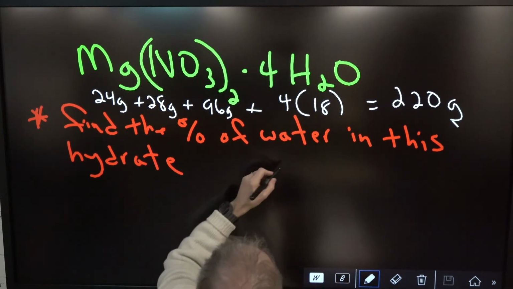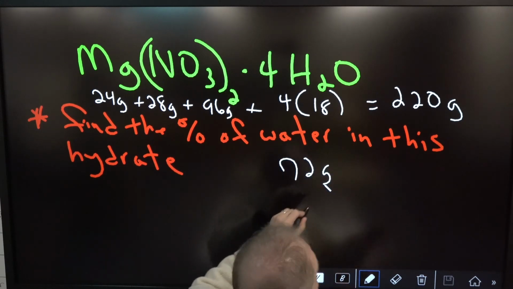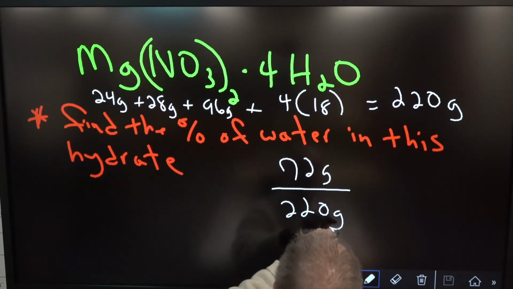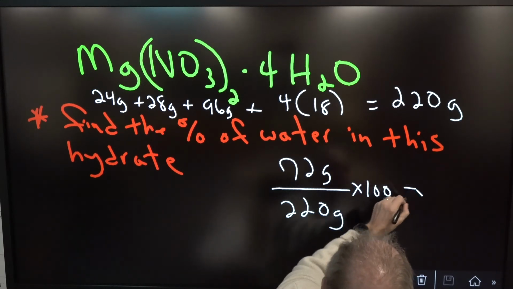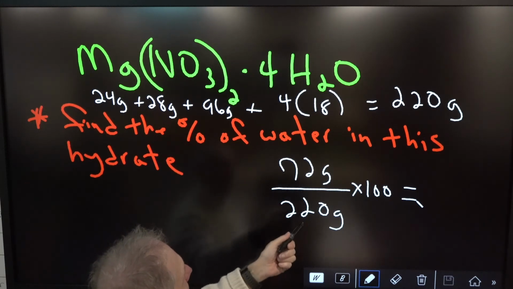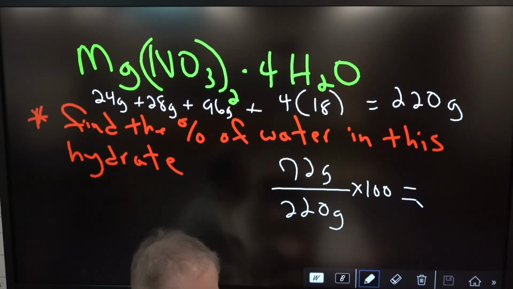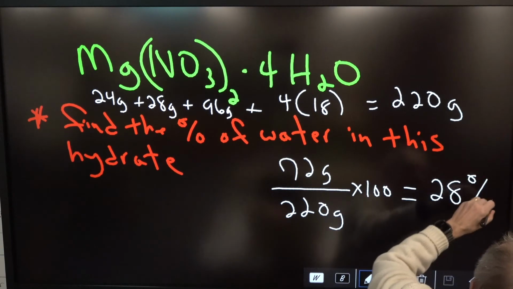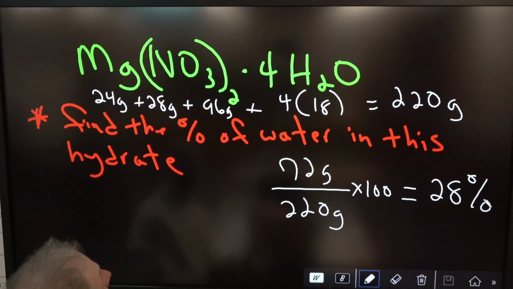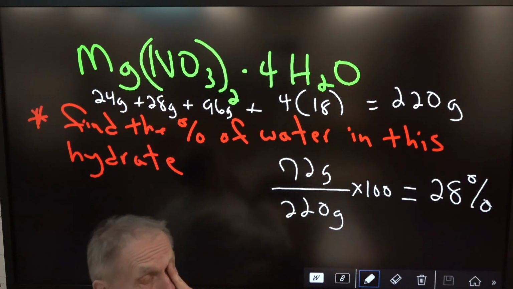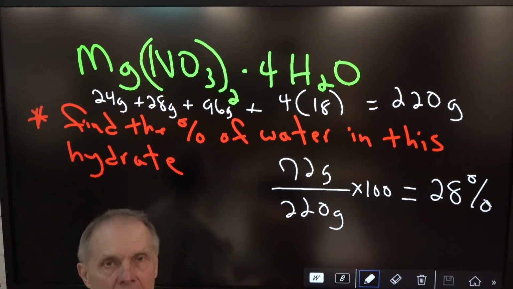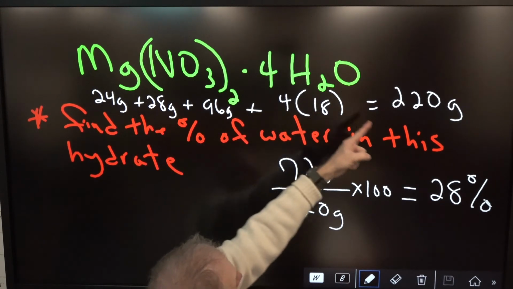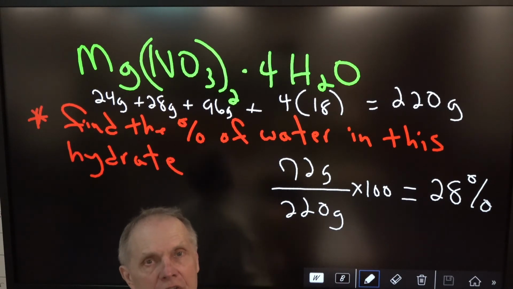So we go like this: 72 grams divided by 220 grams times 100, and that comes out to be 28%. So 28% of this entire substance is water. That's percent composition. Part over whole times 100. And you will definitely have one of these hydrates on the test. Okay?